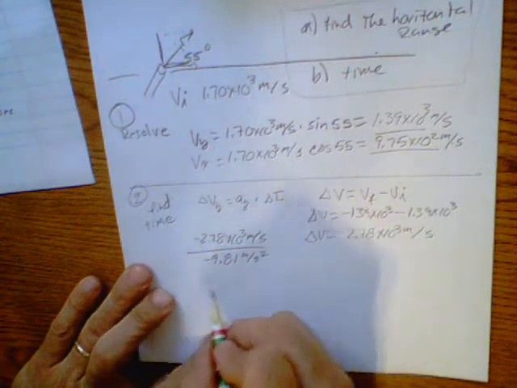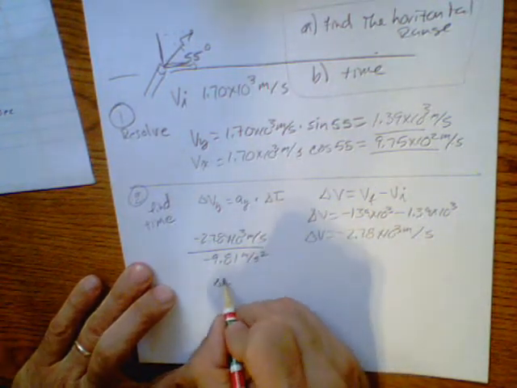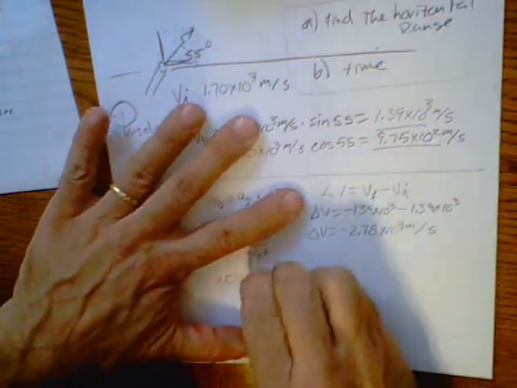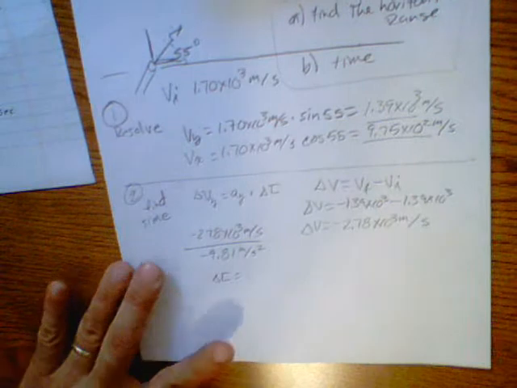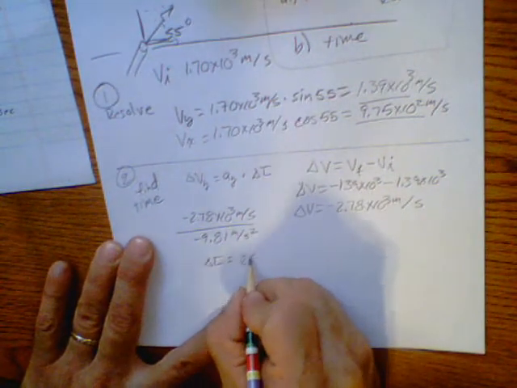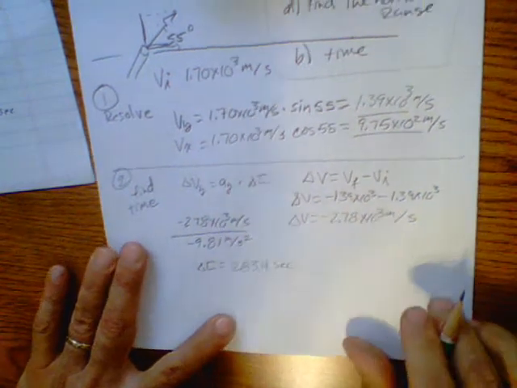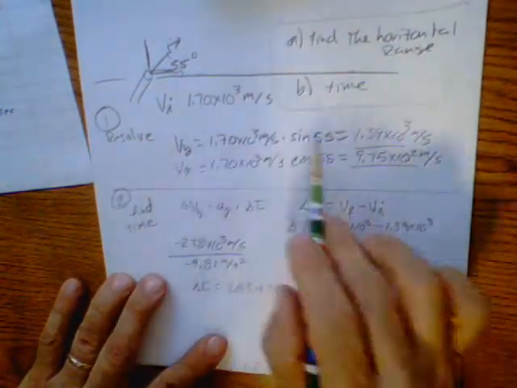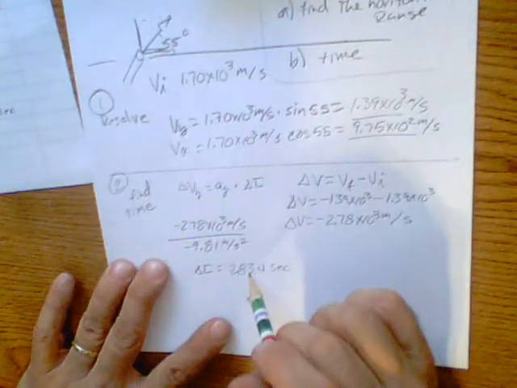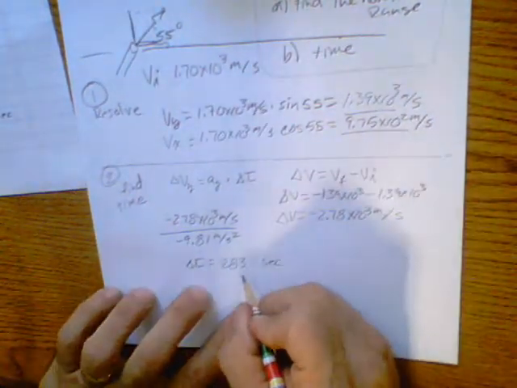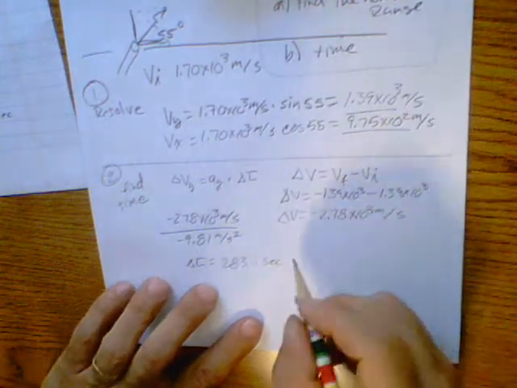And that'll give us a change in time equals, I'm sorry, not 2.8. These are seconds, so there's going to be a bunch of them. 283.4 seconds. And let's see, we should stop at 3 sig figs, so 283 seconds.